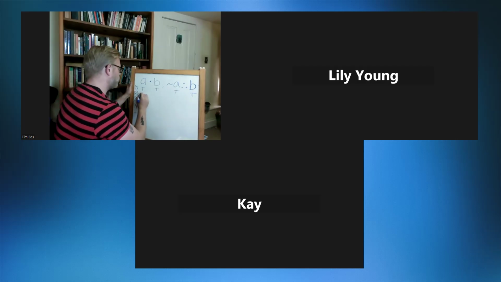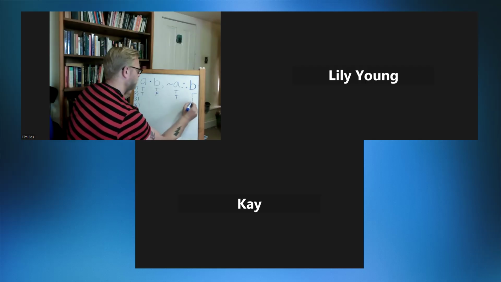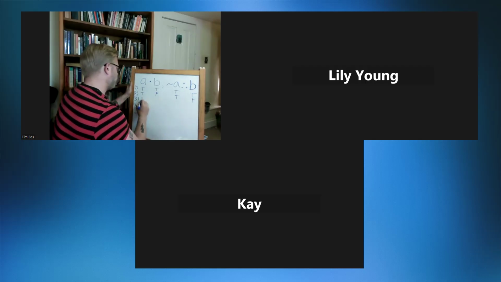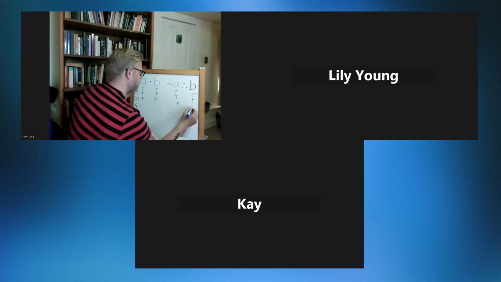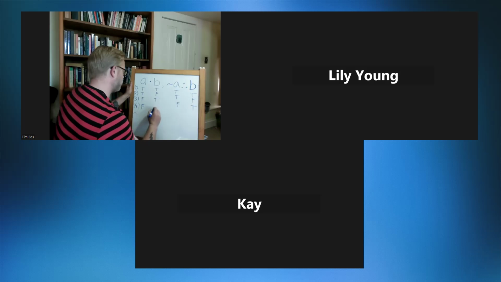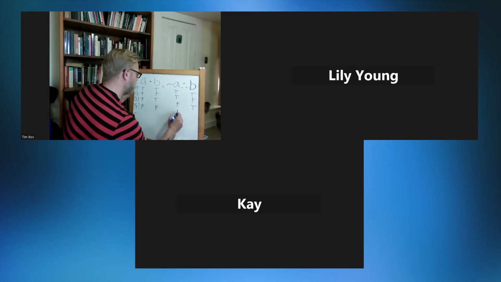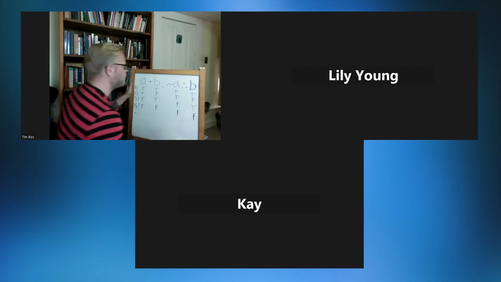World 2, A is true, but B is false. 3, A is false, and B is true. And 4, A is false, and B is false. That's the false world.